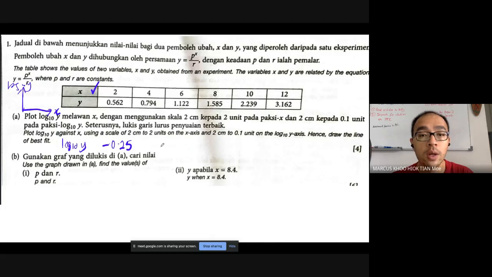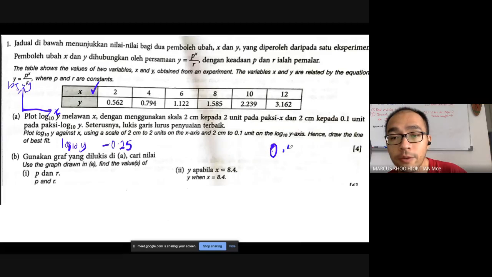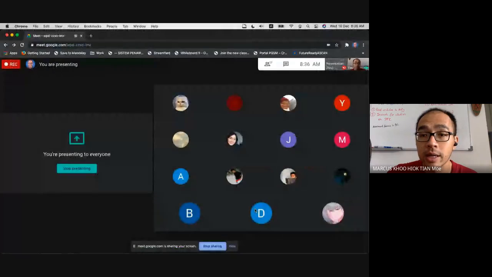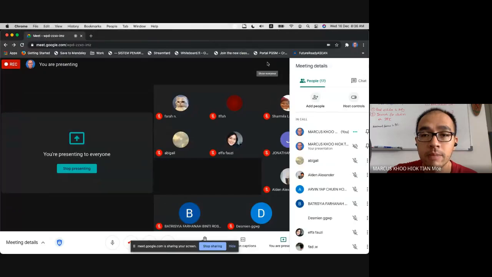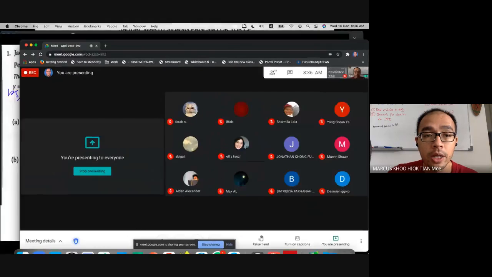Then you do all the same, until 3.162. So log 3.162 is about 0.5. Actually, it says here 0.4999, but I round it to 0.5. Hold on, because I need to check sometimes. Okay, so 0.5.